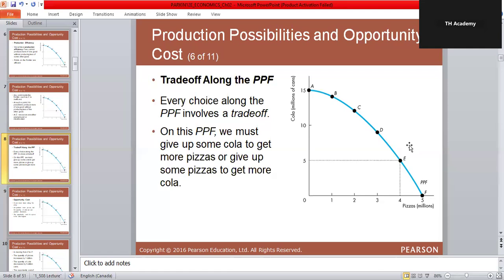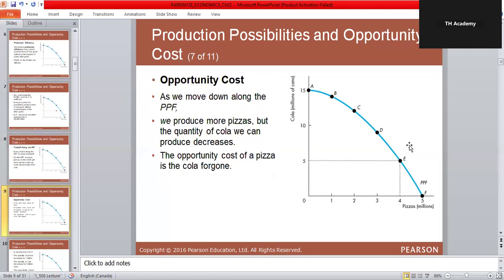Now let's understand the opportunity cost. Opportunity cost is a very important idea in economics. It means what you give up to get something else. For example, let's take the same example, pizza and cola. In our pizza and cola factory, if you want to produce more pizza, you will have to produce less cola.